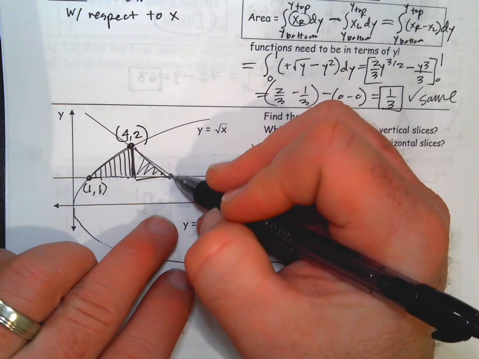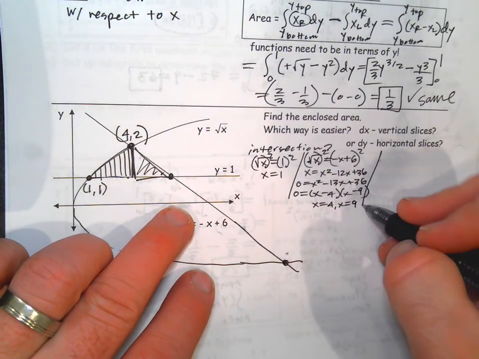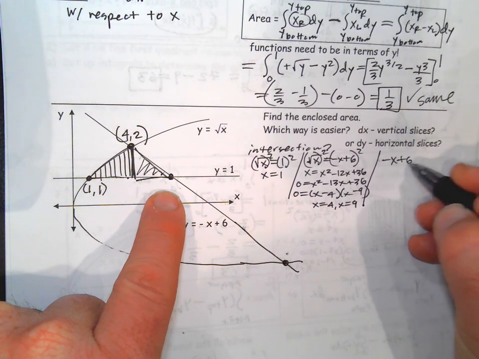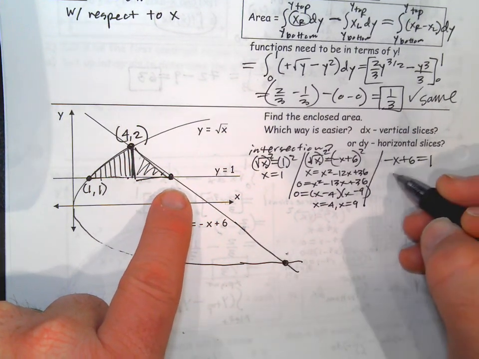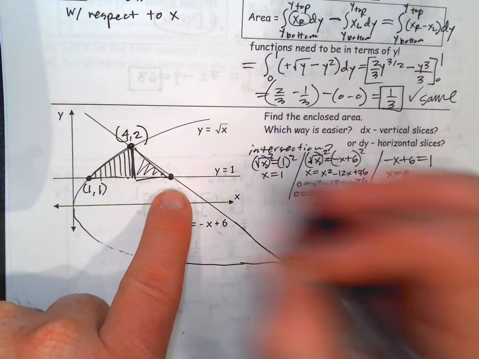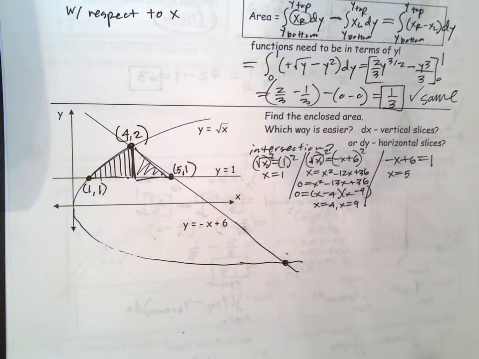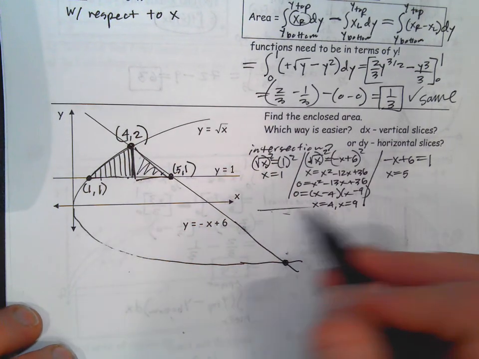You got this intersection right here to find also, and that's going to be where these two lines intersect. So you set them equal, and you get x equals 5. So you got to find the intersections, and I'd find the y values at the same time. So we did that.